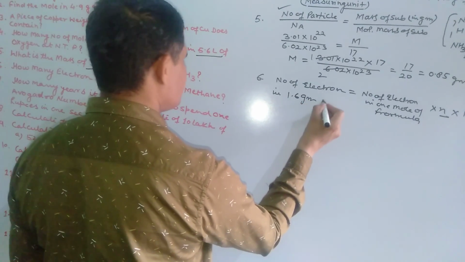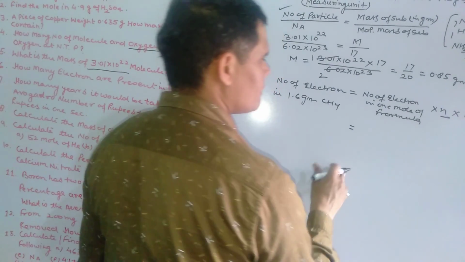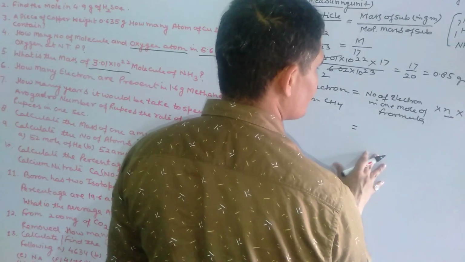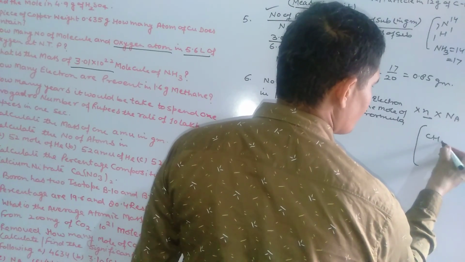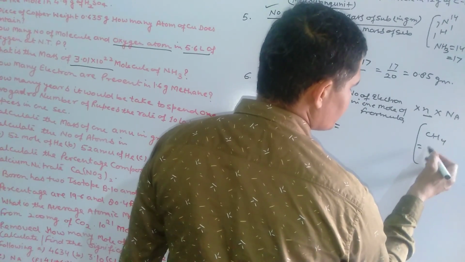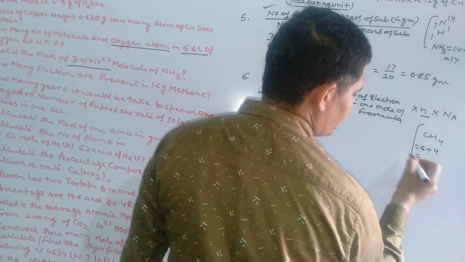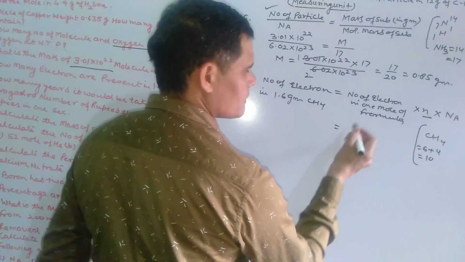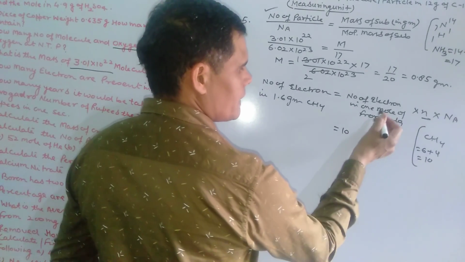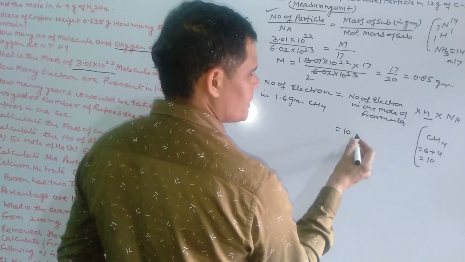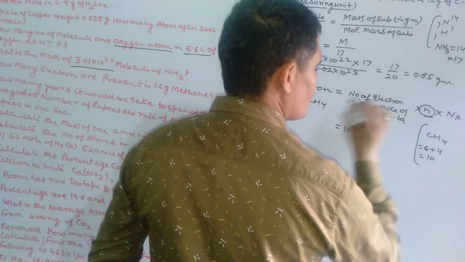Number of electrons in 1.6 gram CH4 methane. We know that the number of electrons in 1 mole formula of methane will be CH4, 6 electrons in carbon and 4 electrons in hydrogen, that is equal to 10. Put the value in the formula: 10 electrons in 1 mole of formula of methane into N, the number of moles.